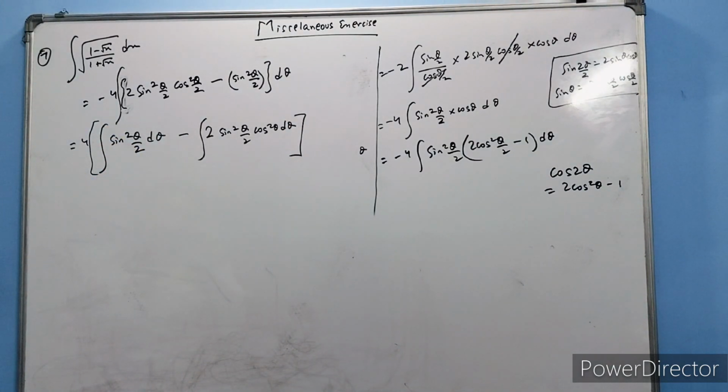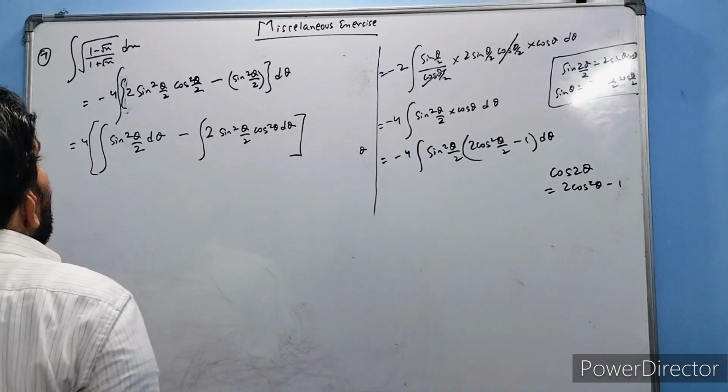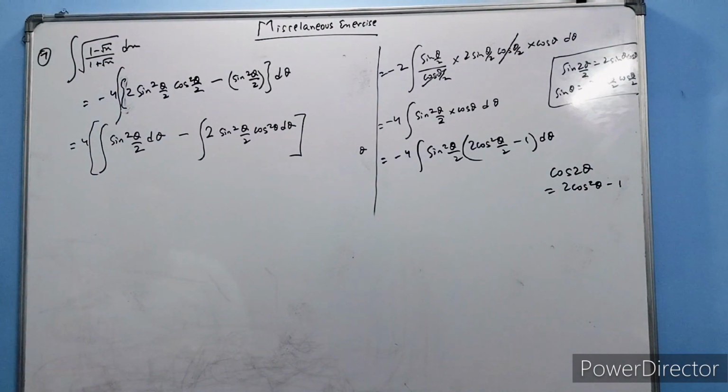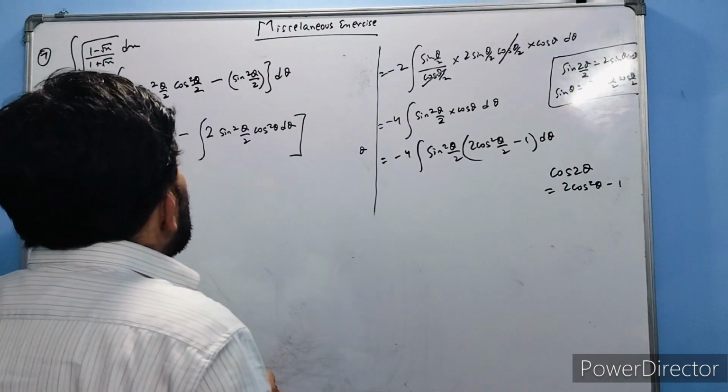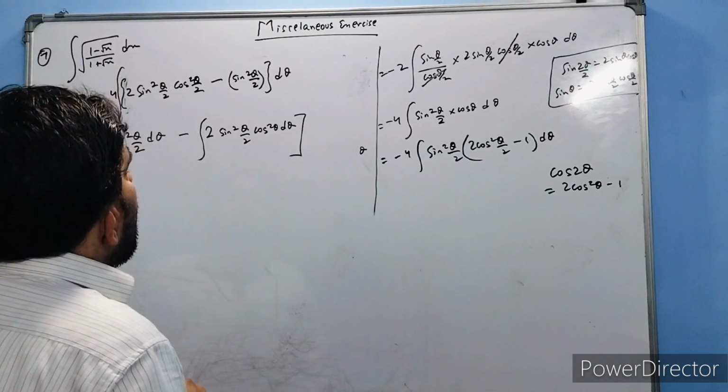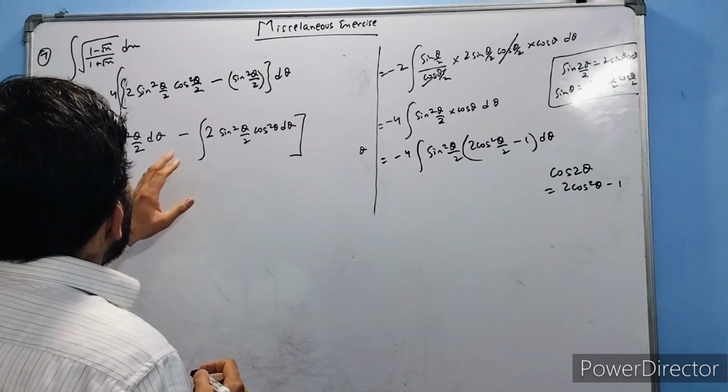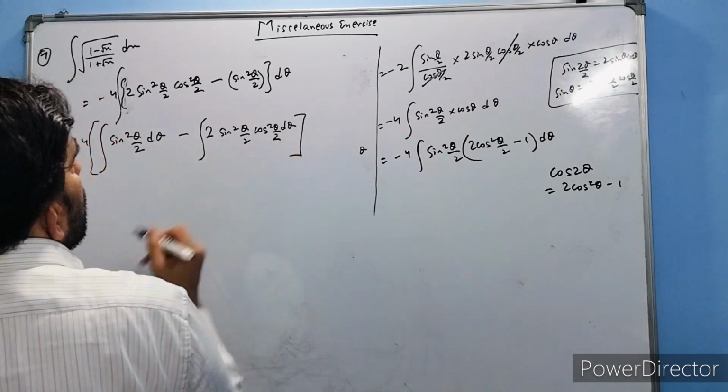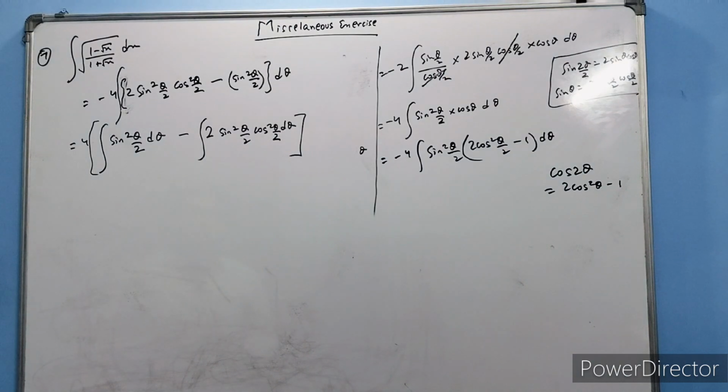Now we have sin square theta by 2 d theta minus 2 sin square theta by 2 cos square theta by 2 d theta. What we have done here is just multiplied by 2. Now we have one term positive and the other negative.